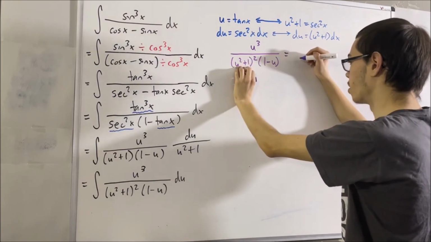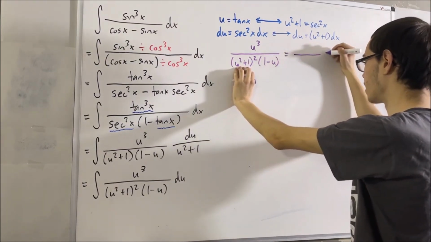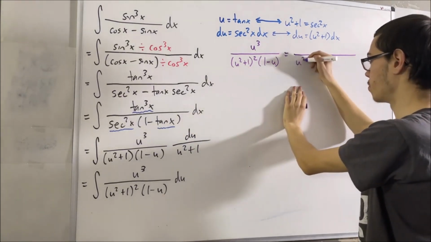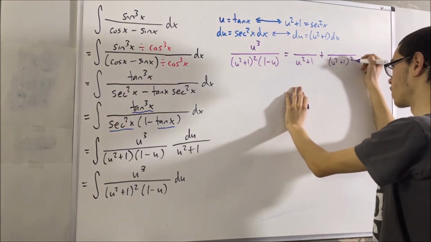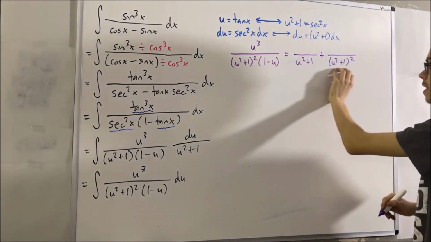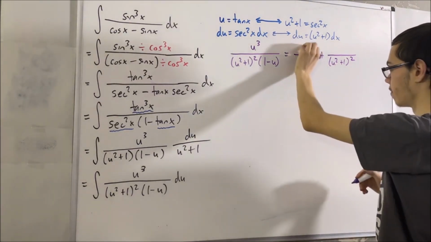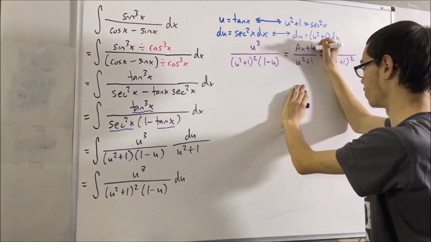For our first factor, notice that it is a repeating factor. What that means is that for our first one, the denominator will have u squared plus 1. The second one will have u squared plus 1 squared. Since our original factor is quadratic, the thing in the numerator will have to be linear. So I'll write au plus b.